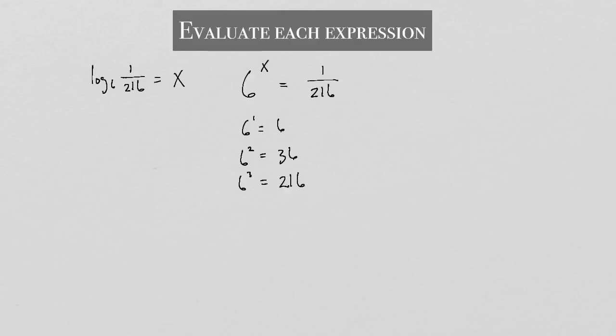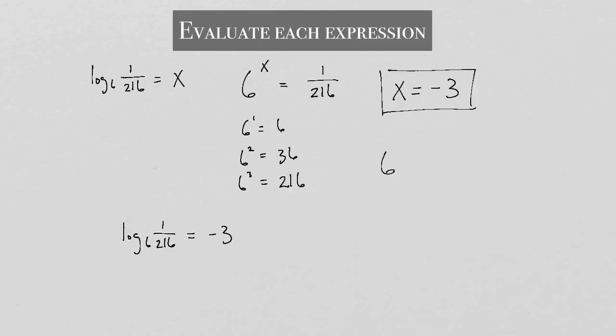So we know that this must be a negative exponent because it ended up down here. So we're going to say that x equals negative 3. Okay, x equals negative 3. So therefore, log base 6 of 1 over 216 equals negative 3.